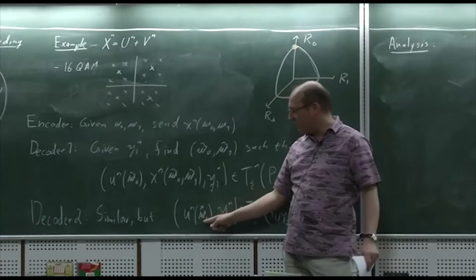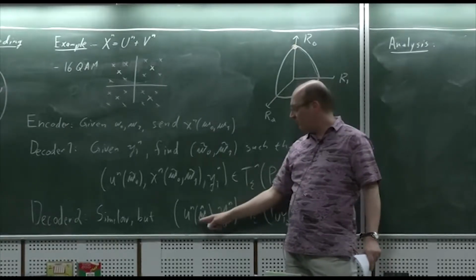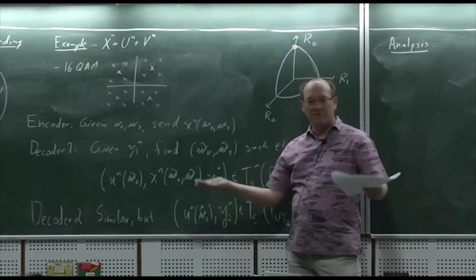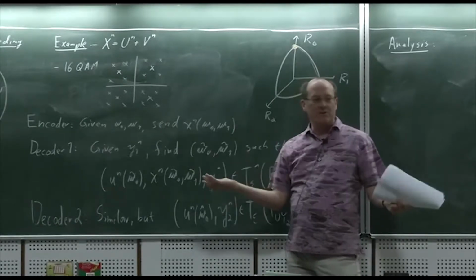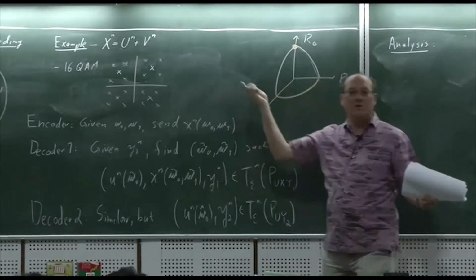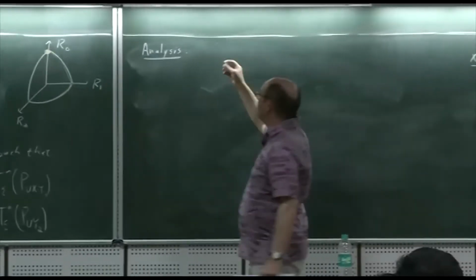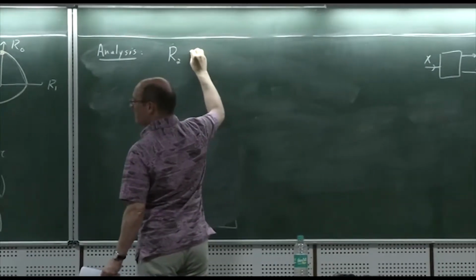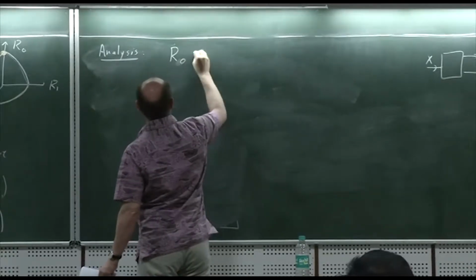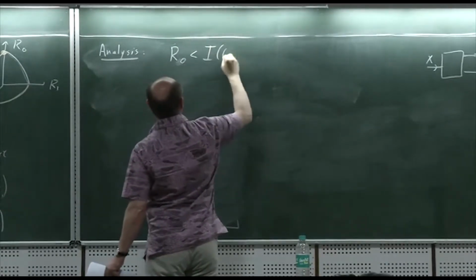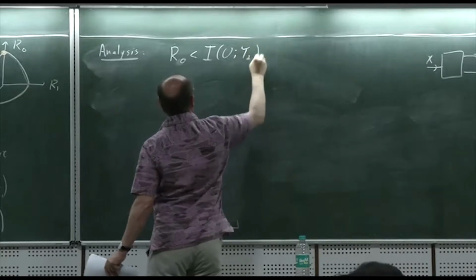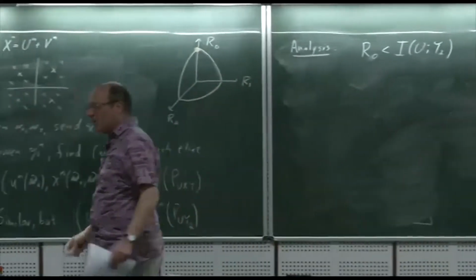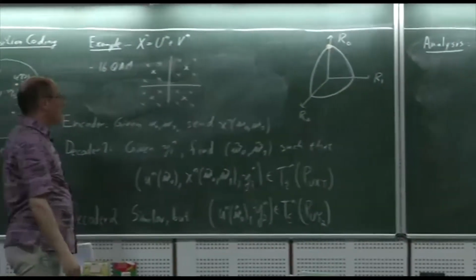For the actual transmitted W0, we get typical. For those that weren't transmitted, the probability that they're jointly typical is 2 to the minus n I(U;Y2), and then we use the union bound. So here it's kind of straightforward. R0 has to be less than I(U;Y2), right? That comes out of exactly the usual analysis. So there's nothing new there.